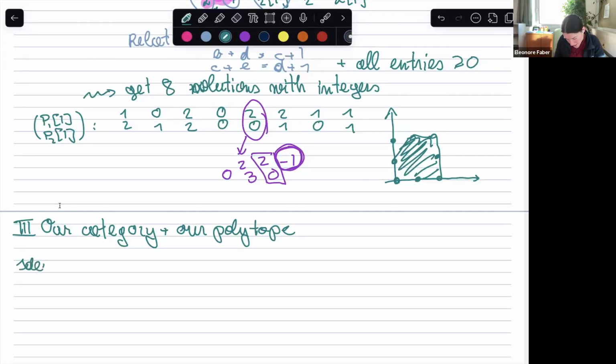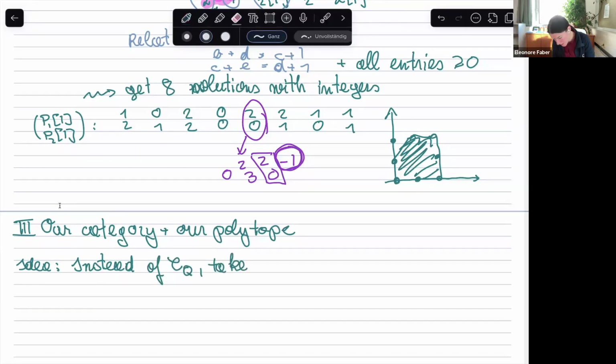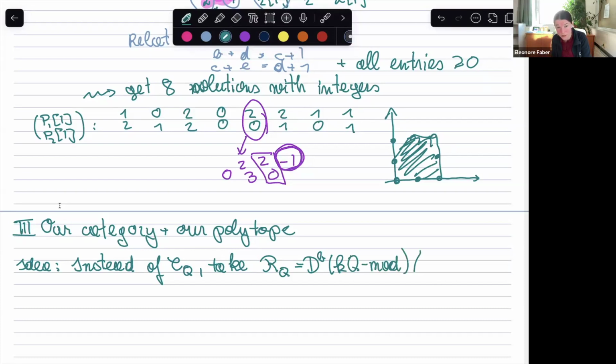So instead of CQ, we take the so-called root category, RQ. Again, we take the derived category D^b(kQ) mod. The construction should work for any thinking quiver, but instead of modding out by tau inverse shift, you just mod out by the square of the shift.